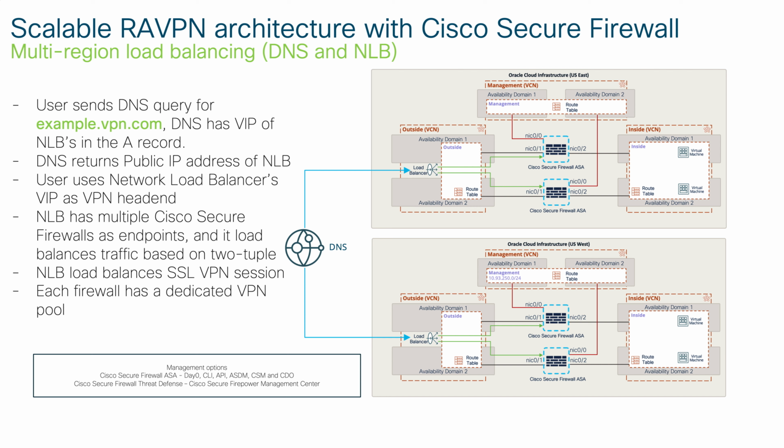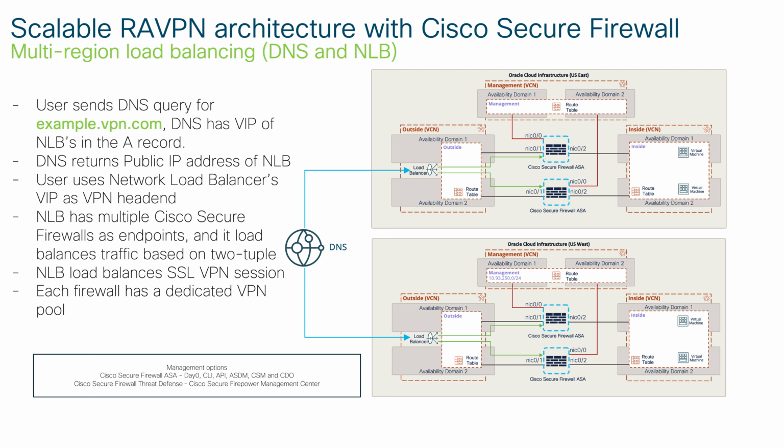Then the user on the internet will send the AnyConnect request to the load balancer, and the load balancer will have firewalls in the backend pool. So your load balancer will then run load balancing based on 2-tuple for your SSL VPN connection. Again, the load balancing that you see in this particular architecture is for SSL VPN.